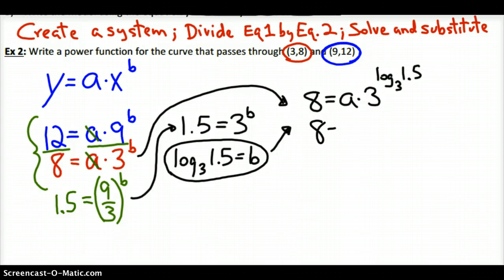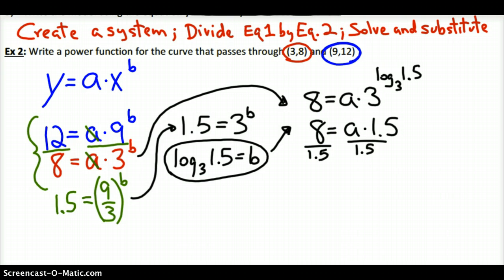So this will leave us with a times 1.5. So the base of the power and the base of the log are the same, so they wipe each other out. They're inverses, leaving 1.5. So now we divide both sides by 1.5.